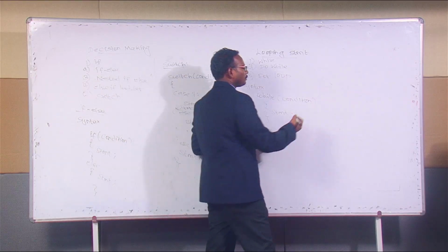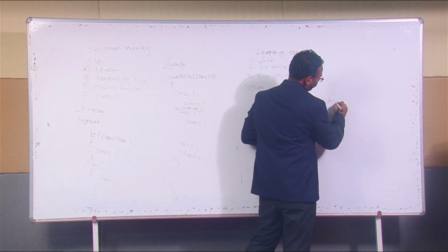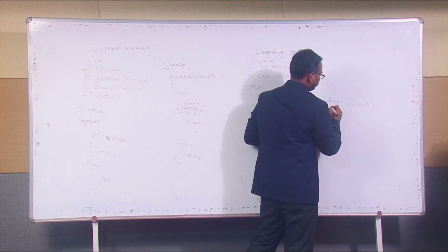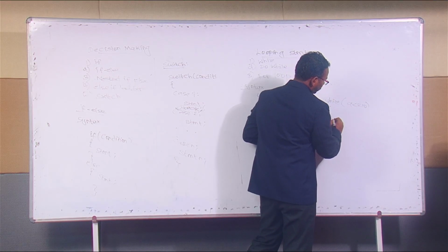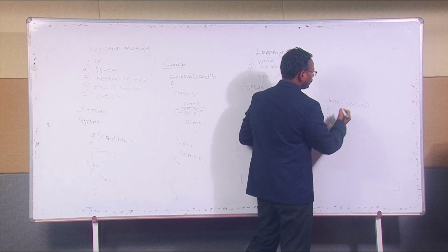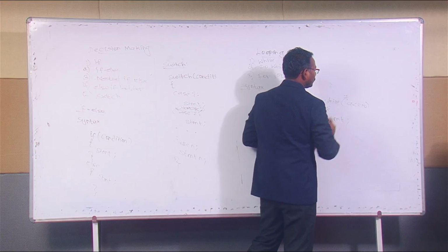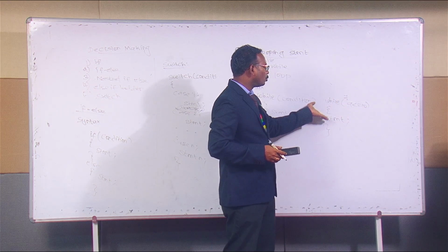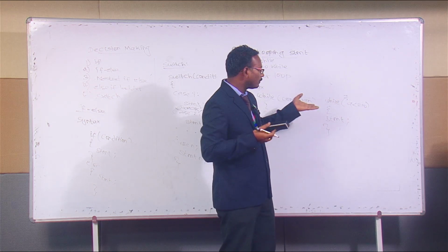For example, while a is less than or equal to 10, if the value of a is 7, then this condition is true, it will enter the loop and execute what we have given inside the loop.